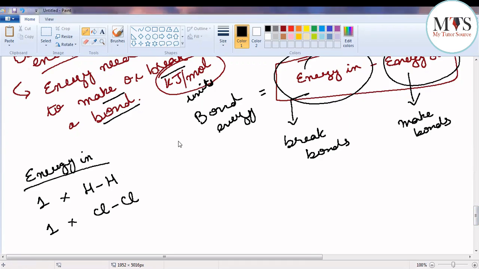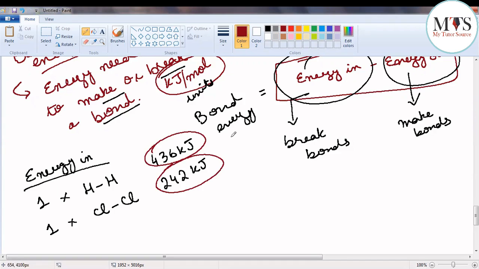So we can see from the data booklet the values for these bond energies: for one hydrogen bond energy, it's equal to 436 kilojoules, right? And for the chlorine, it is equal to 242 kilojoules, right? So this is the data which will either be given in the question or you would have to look it up in the data booklet in the exam.